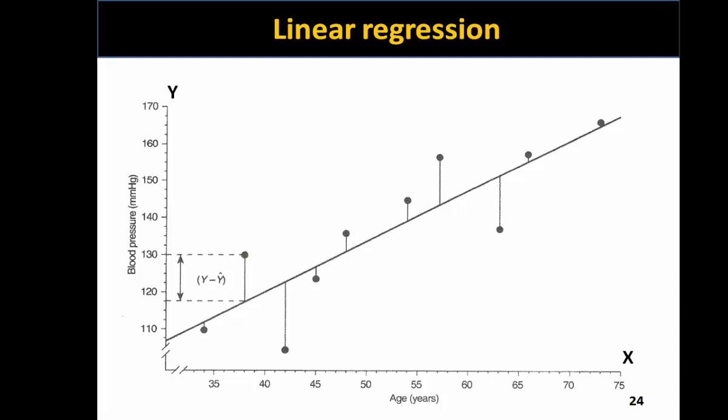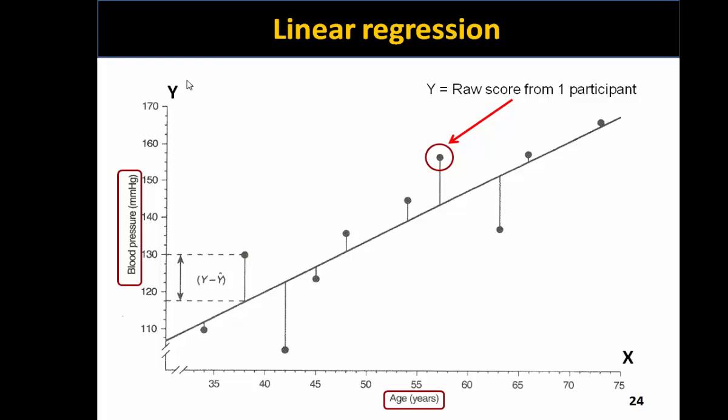A little bit of a different example here, where we are examining if age can predict blood pressure. And in this case, age, as you can see here, is the predictor variable on X. Blood pressure is the criterion variable, our outcome of interest, along Y. And so here we see a raw data point. So that's a raw score from one participant.